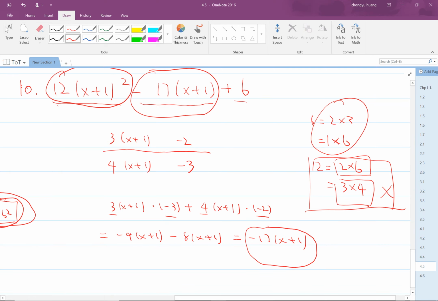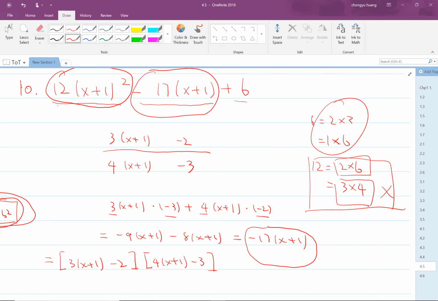It's simply equal to, let me put these things into a bigger bracket, 3x plus 1 minus 2 and bracket 4x plus 1 minus 3. So you just write down the solution, right? So we already found the right combination, right?